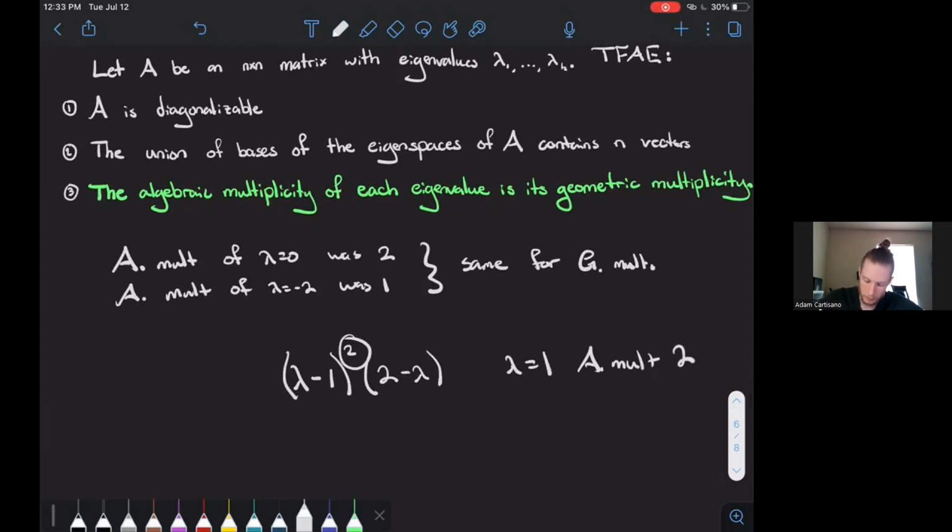And lambda equals 2 has algebraic multiplicity 1, because the exponent, again, is just a 1. So that's how you compute the algebraic multiplicity. Geometric multiplicity is just the dimension of the eigenspace. That's it. Okay.